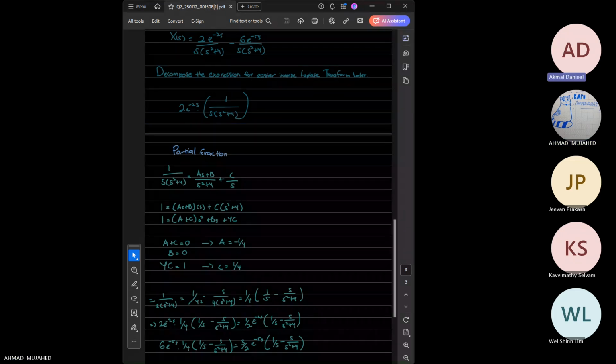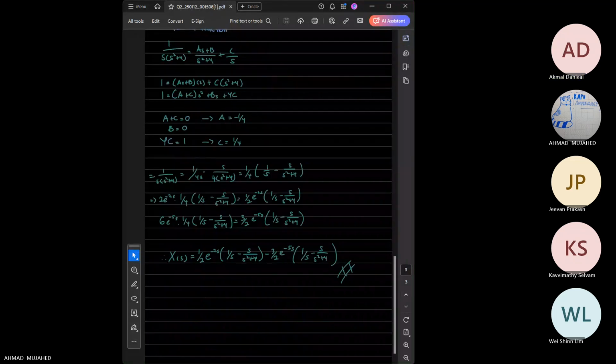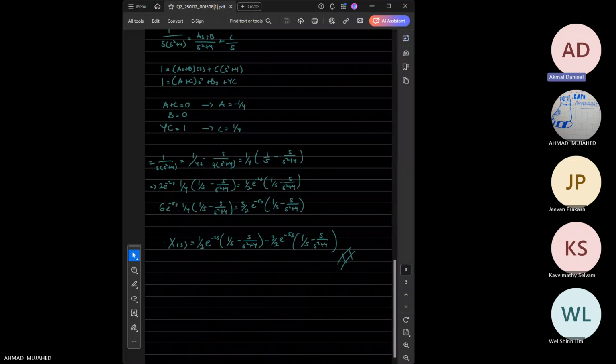By using partial fractions, we substitute the values of A, B, and C, and then we get the final answer.